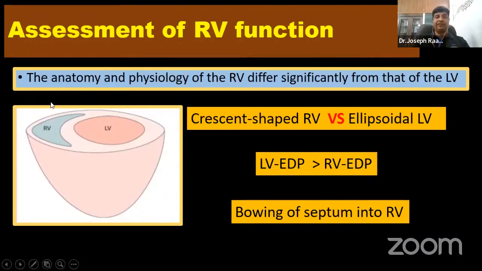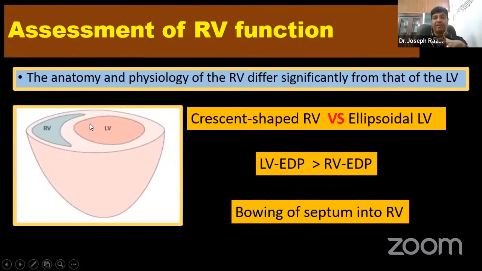The left ventricle is ellipsoidal or circular, whereas the RV is crescentic. This is very important. Physiologically, at any point of time, the pressure within the left ventricle is much more than the right. As a result, the septum is always pushed into the RV. That makes the left ventricle circular and the RV crescentic.